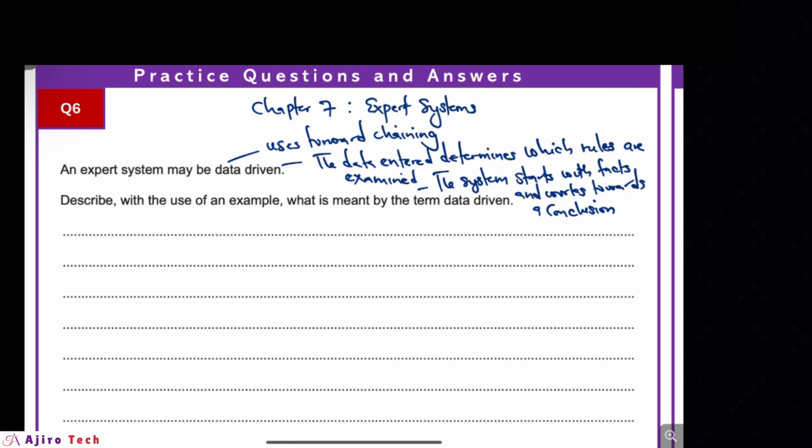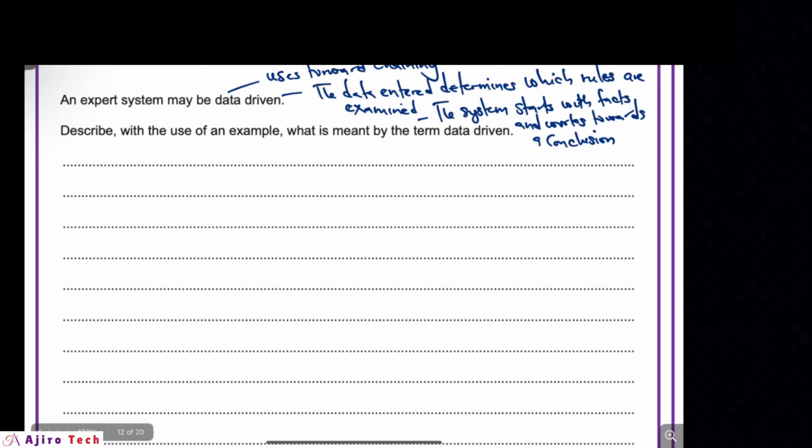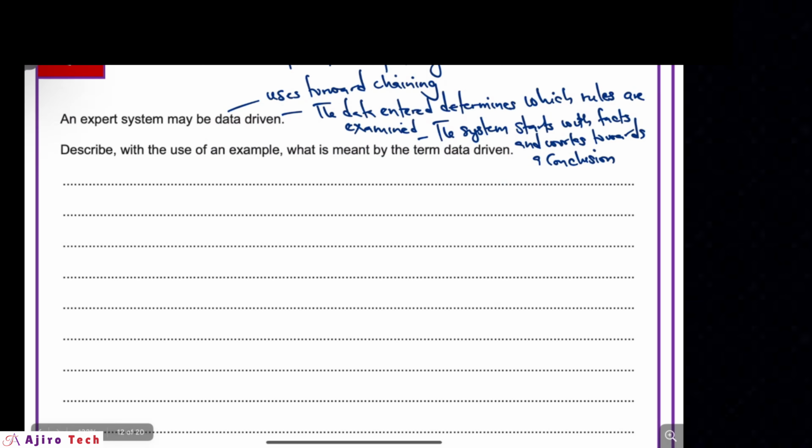Okay, so let's look at that, right? The example we're going to use is a medical expert system.